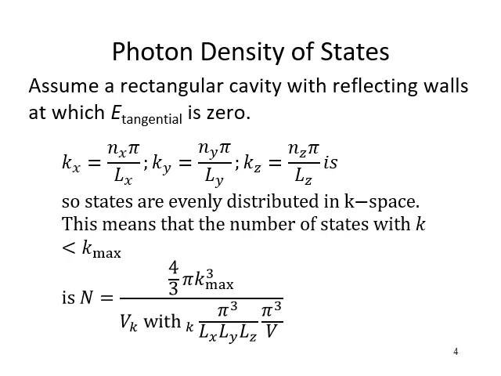To go through it again, just so that you can see it, we assume a rectangular cavity with dimensions Lx, Ly, Lz, and then we calculate the magnitude of K from that. The states are evenly distributed in K space, and that means that the number of states with K less than some maximum value of K, just taken as an example, the number of states is 4/3 pi K cubed for the maximum value of K that we chose, divided by the volume per state in K space.